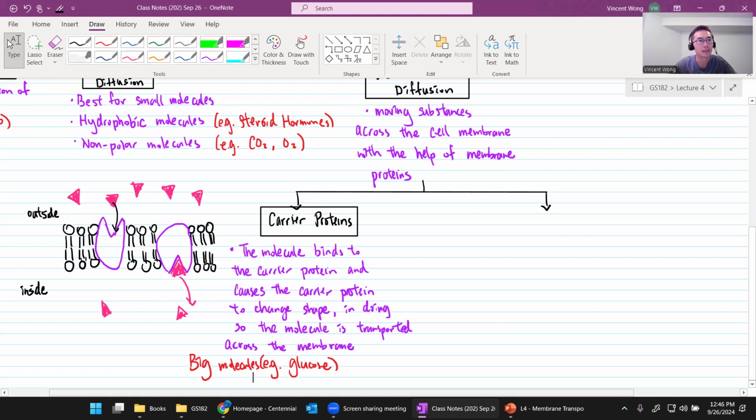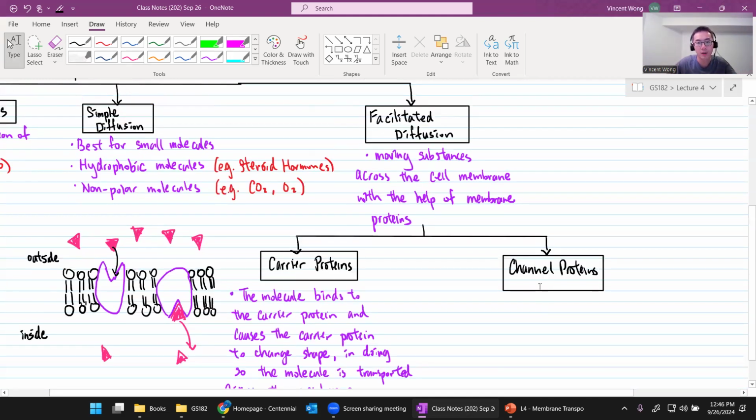Yeah? Okay, thank you. Next, we have another one, which is called the channel protein. Just to remind you, the carrier protein and the channel protein, they are both examples of facilitated diffusion. Okay, the difference between facilitated and simple is that you need to have a membrane protein to help you in facilitated diffusion.